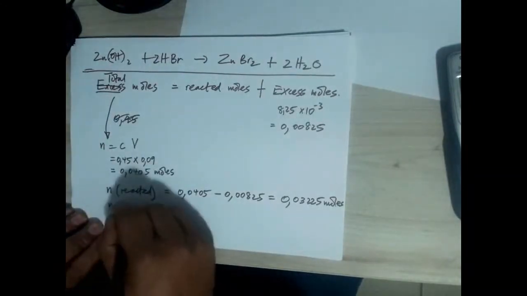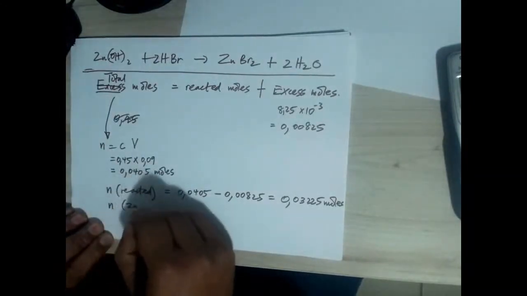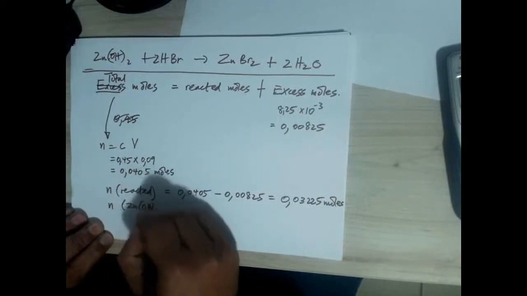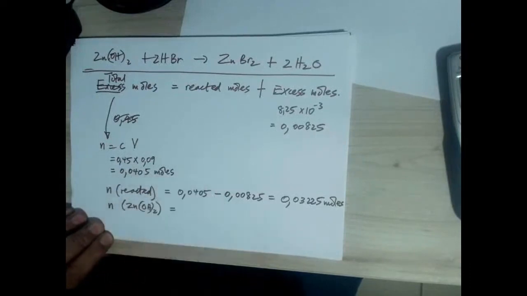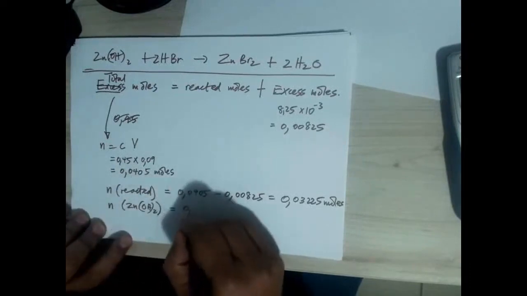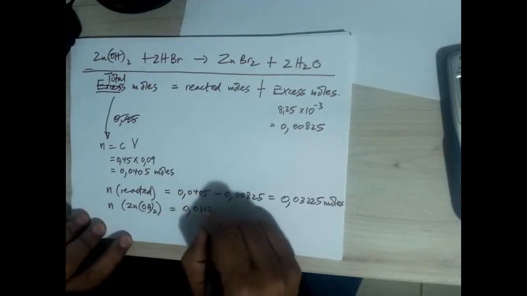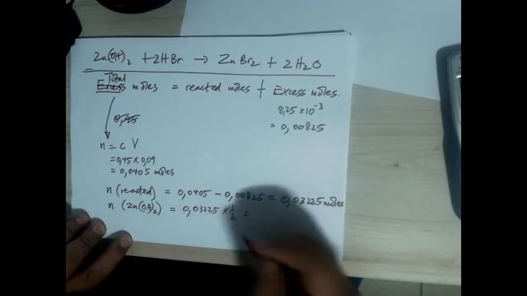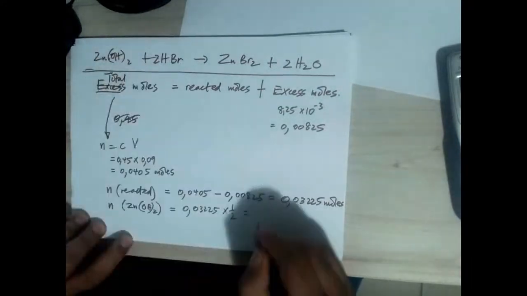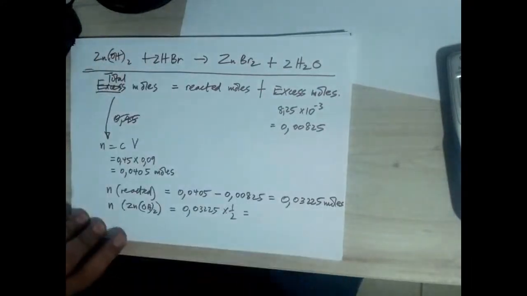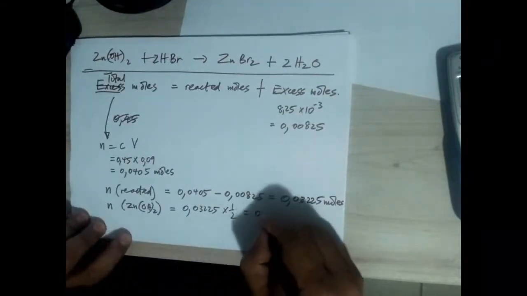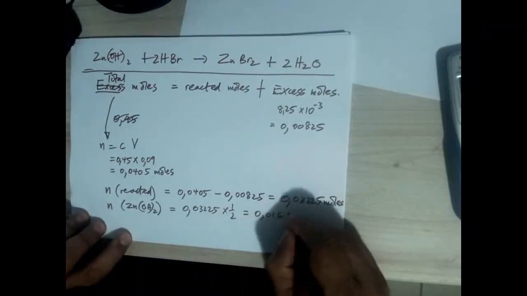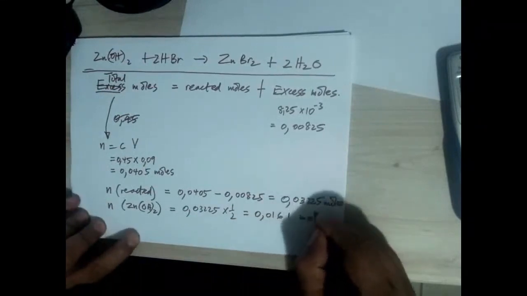So the moles of zinc hydroxide is equal to 0,03225 times a half, because the ratio is 1:2, and we get 0,0161 moles.